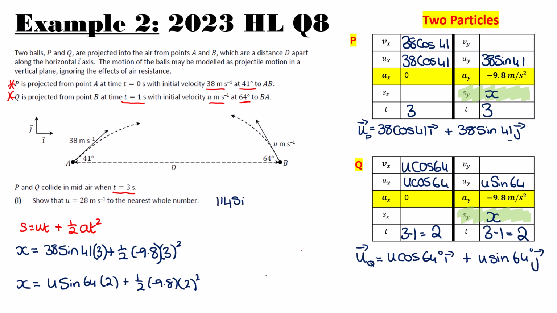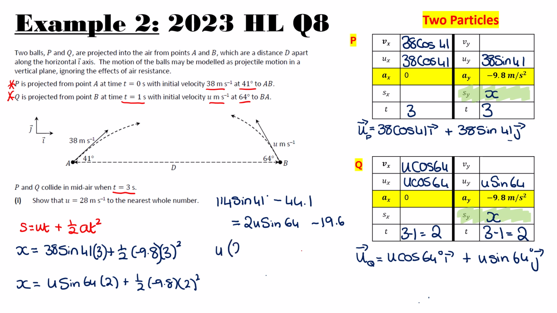So that's going to be 114 sin 41 minus 44.1. So that's P cleaned up, is equal to 2u sin 64 minus 19.6. So we're going to isolate that u.